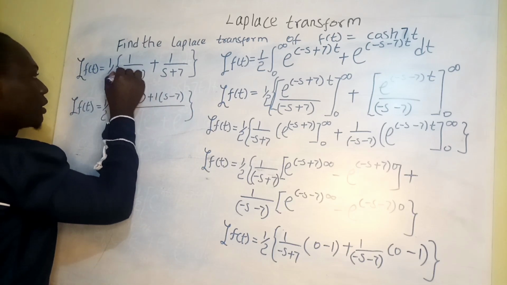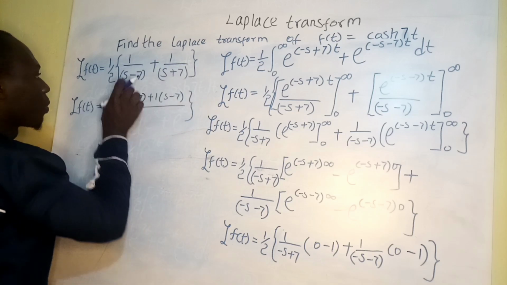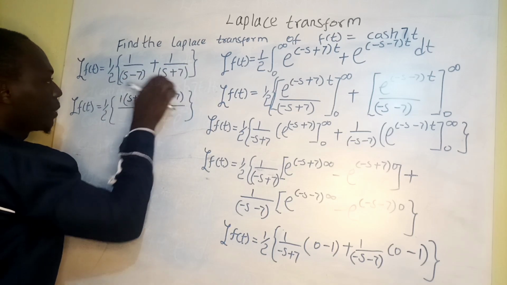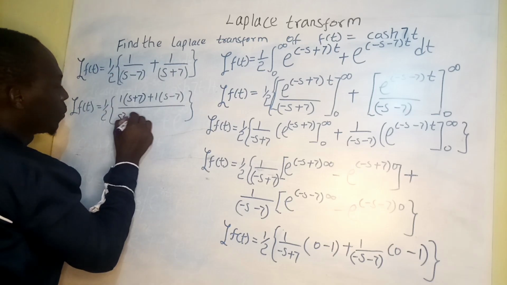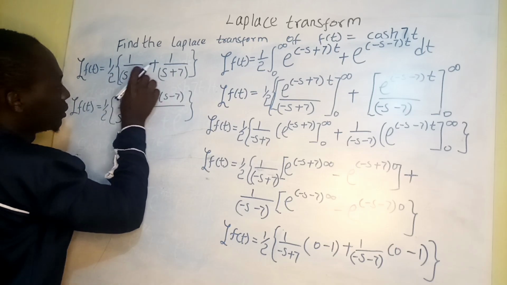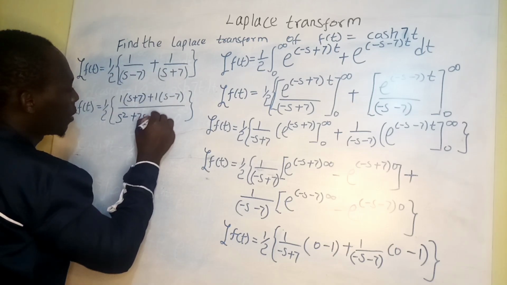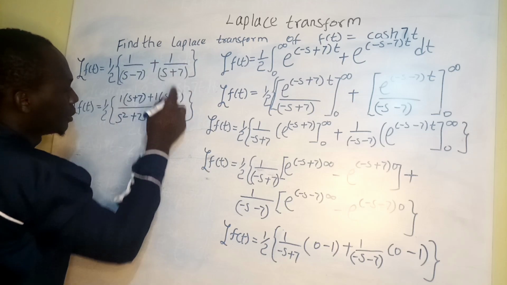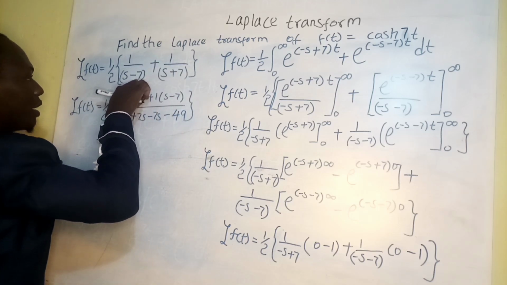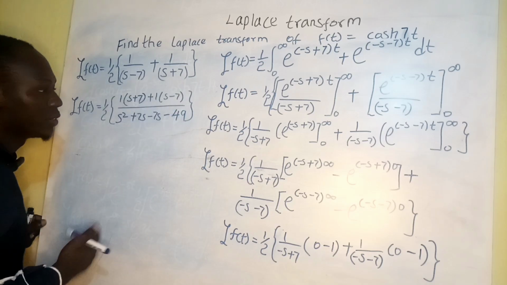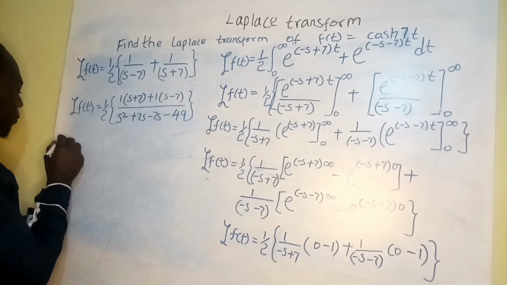On the denominator, we are going to take s multiplied by s, we are going to have s squared, we add 7s, we subtract from 7s, we subtract from 49, because negative 7 multiplied by that is going to be 49.